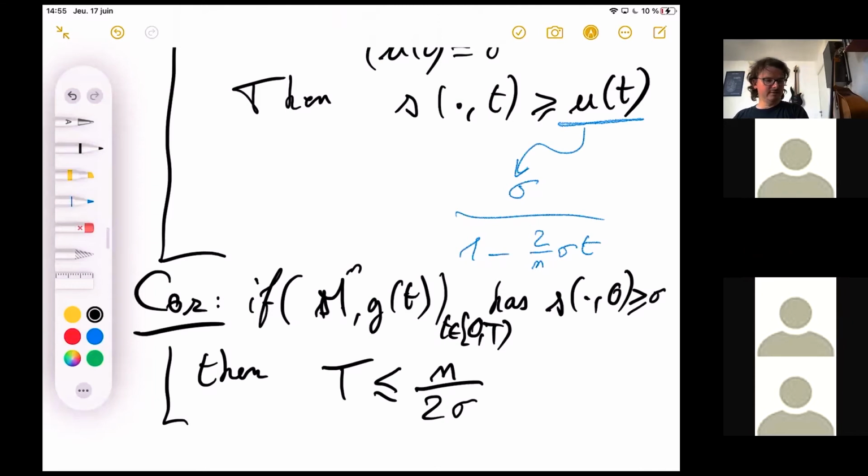If you have positive curvature, and you need to break scale invariance at some point, but in some sense, if your time of existence is as big as it can be, then you're very close to being the sphere.